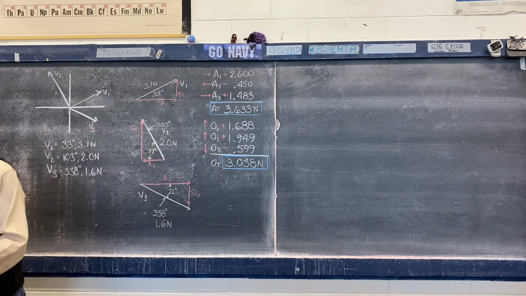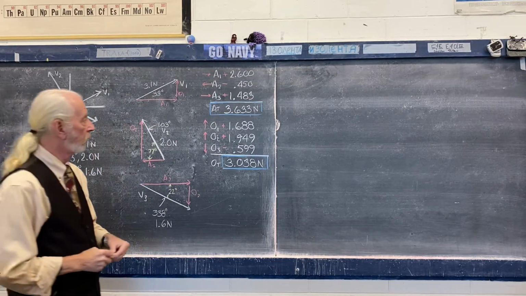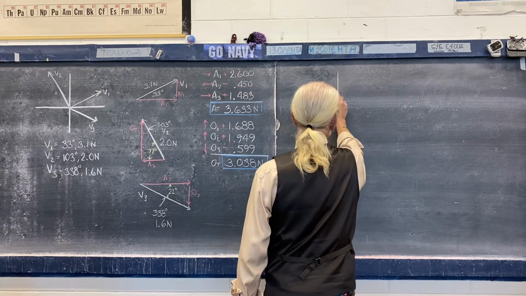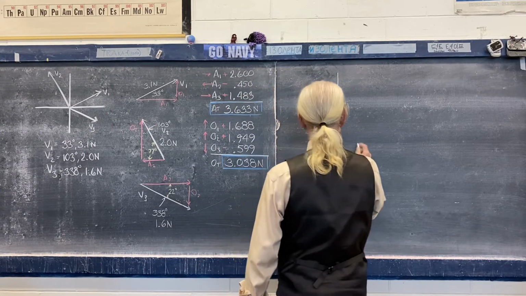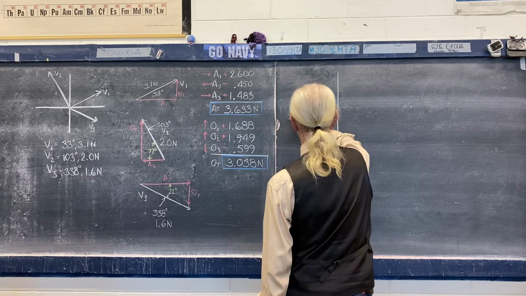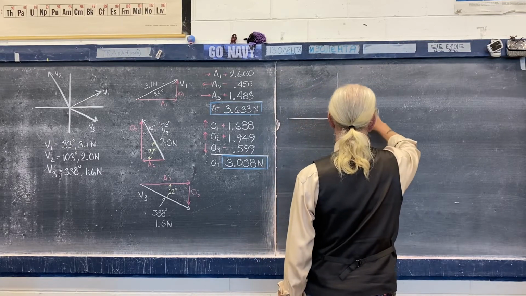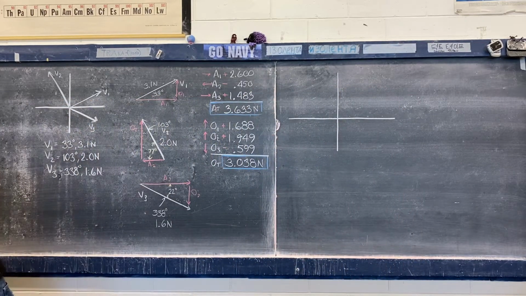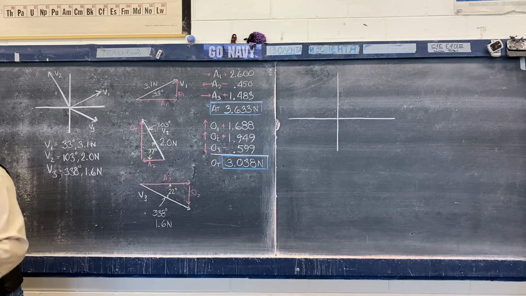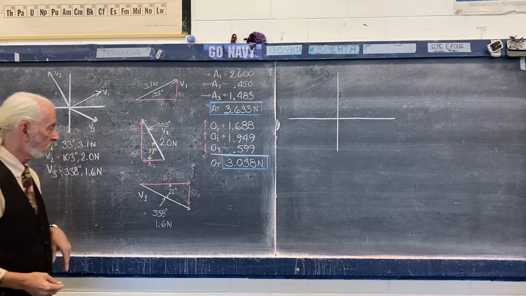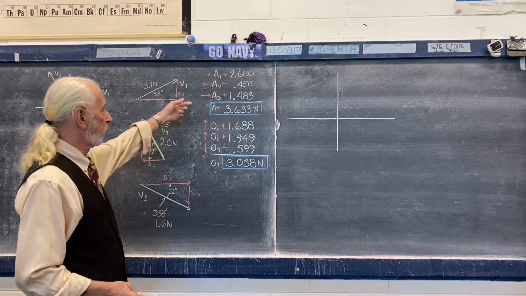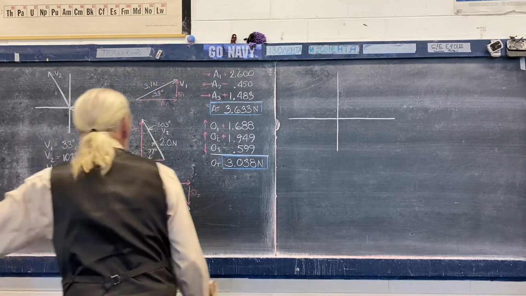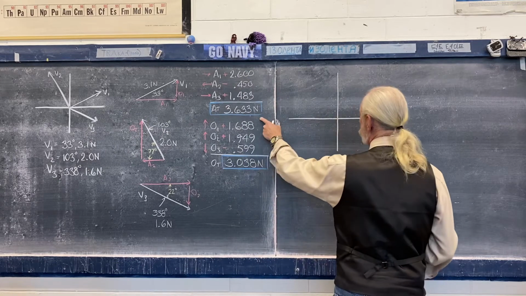Okay, so now let's see what this guy looks like. Now remember, we always draw the horizontal vector first. So my horizontal vector A goes this way, 3.633.